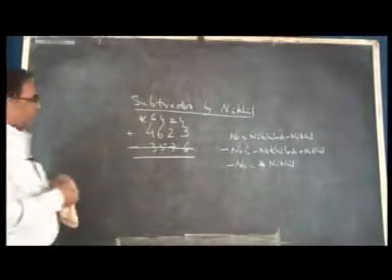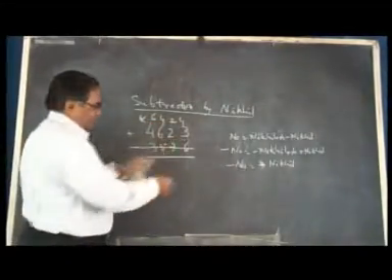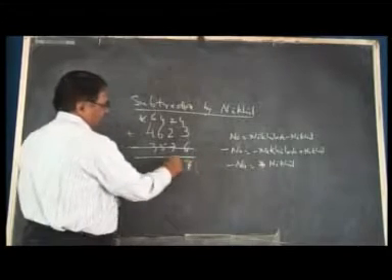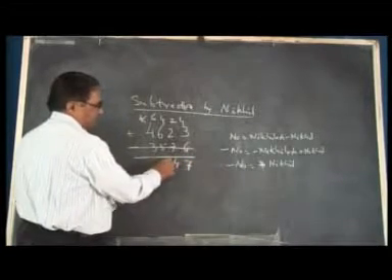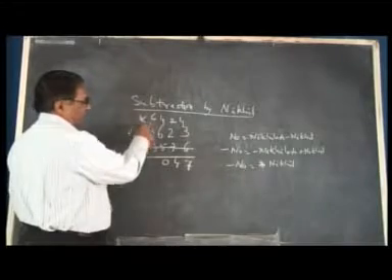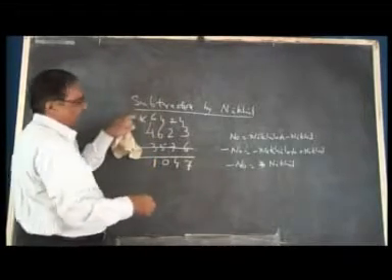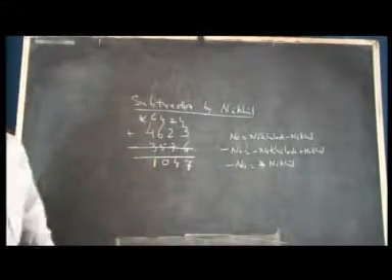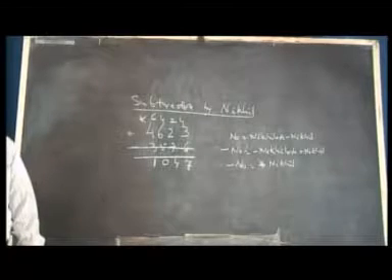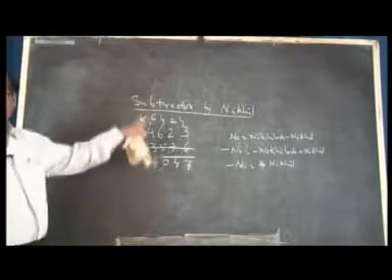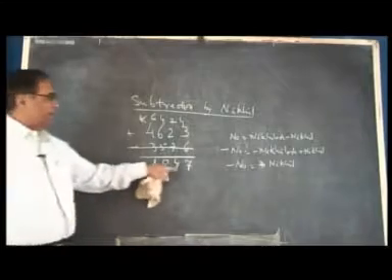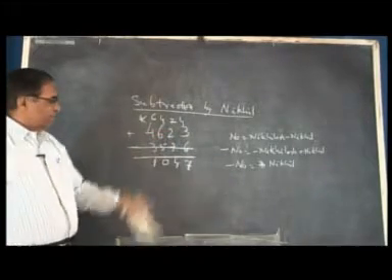Let us see. Addition is there, it is 7, this is 4, 10, 1 and 5, 11, 1 and 1 subtracted. Answer is 1043. See, it's very simple. So if you add the 2, you must get this one.